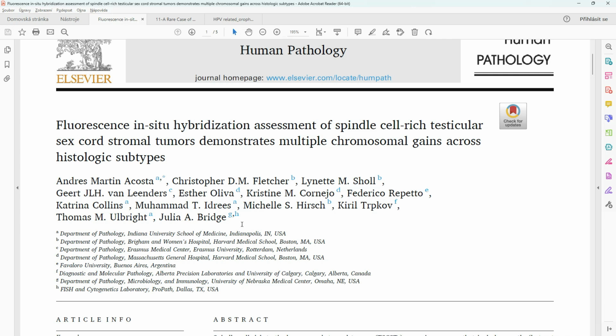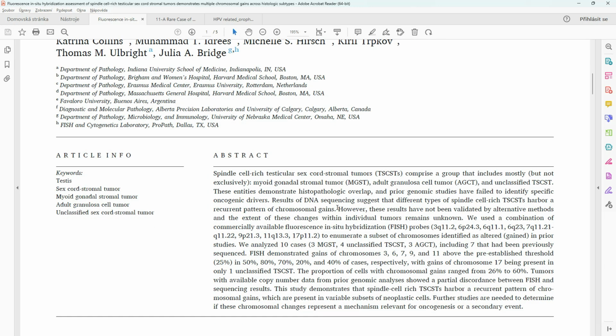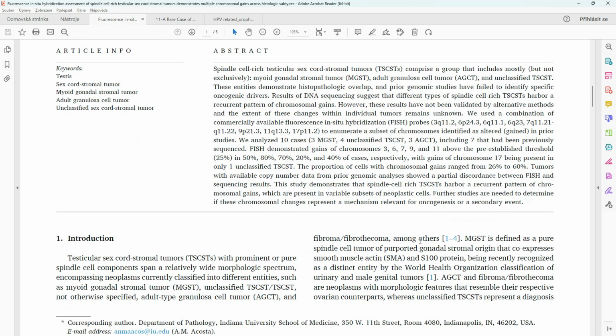So there is a rather larger group of these either purely or predominantly spindle cell testicular tumors, which all have overlapping molecular features, meaning they have multiple chromosomal abnormalities.